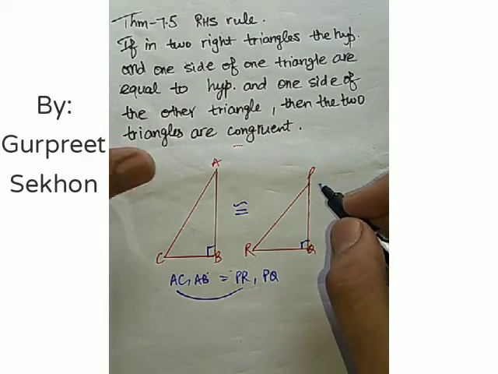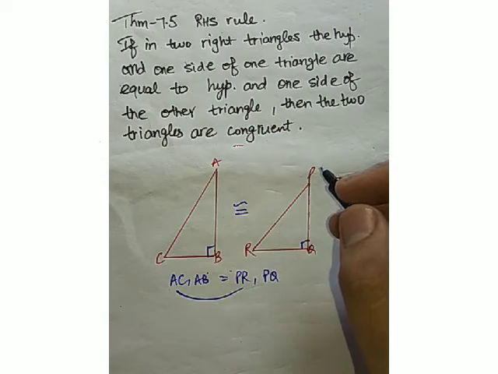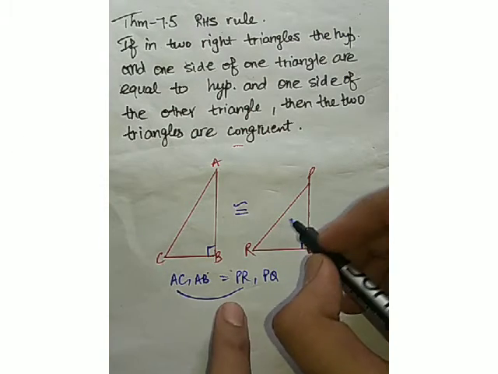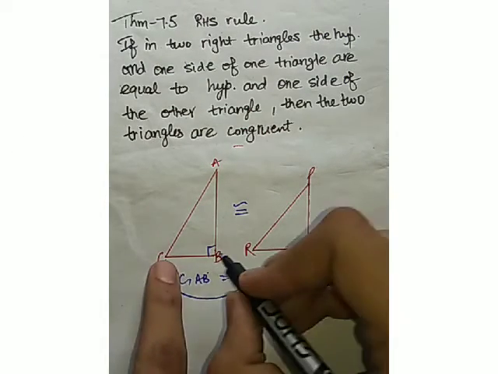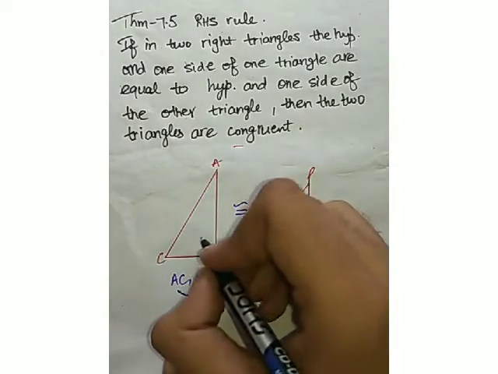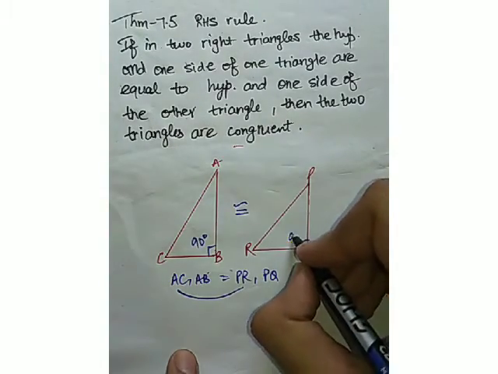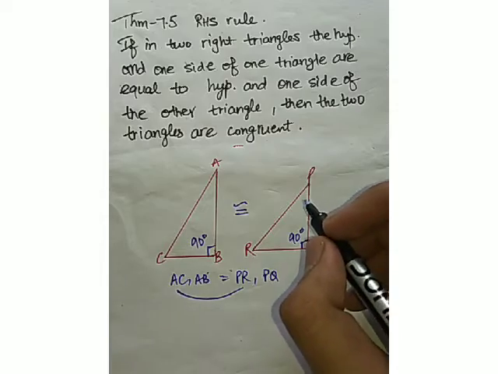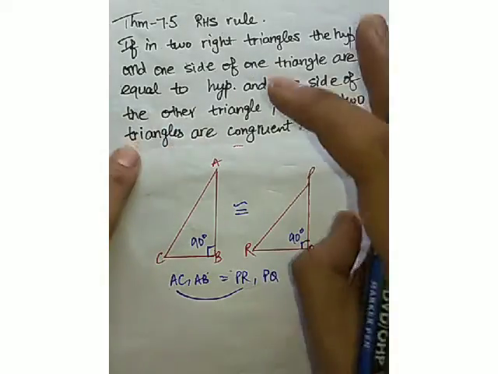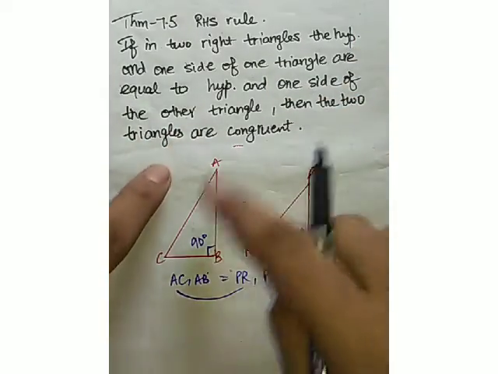Now there is one condition for this theorem to hold, that these two triangles must be right angle triangles, and it's the only rule, I guess, in which only two things are included, one hypotenuse and one other side.